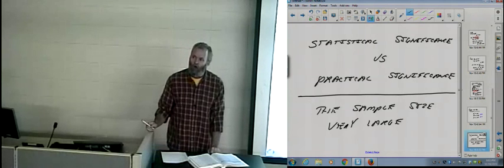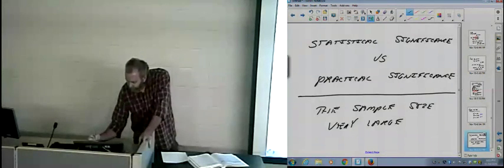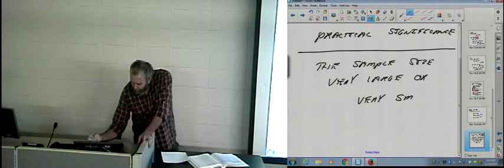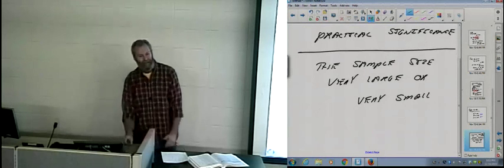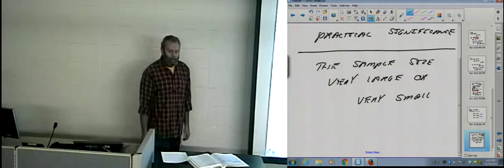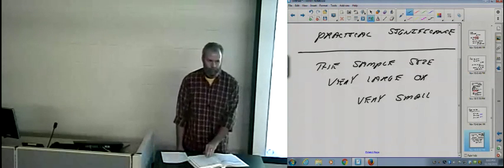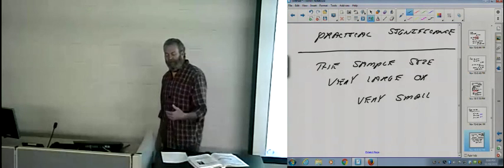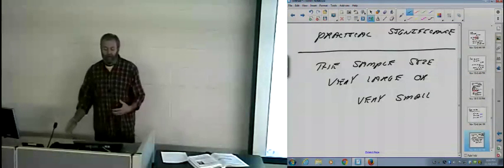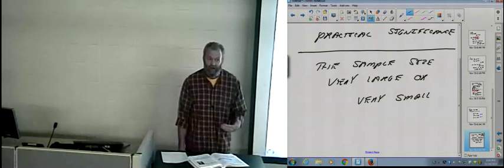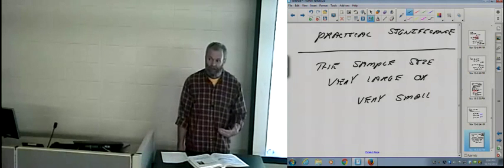I'm talking like a large sample, or very small. I mean like you took a sample of size 2 or size 3. Look, this whole story here, statistical significance versus practical significance. When the sample size is very large, this becomes a concern. And when the sample size is very small, this becomes a concern and something to pay attention to.